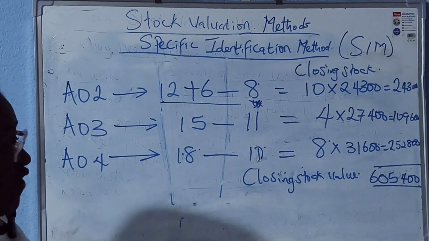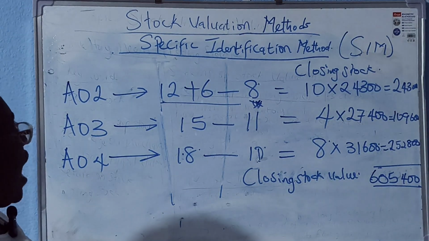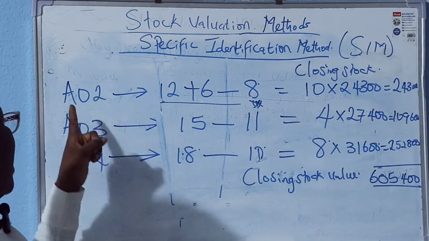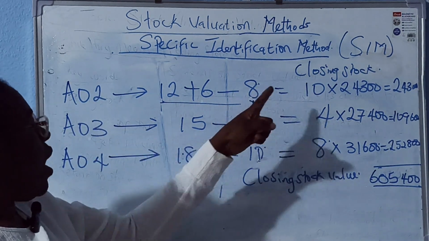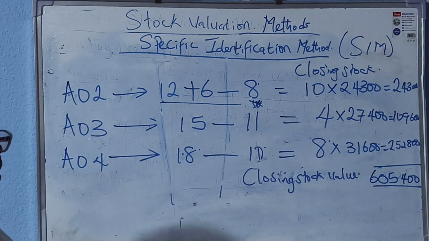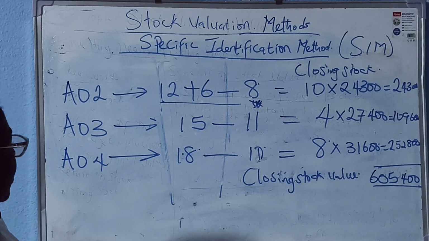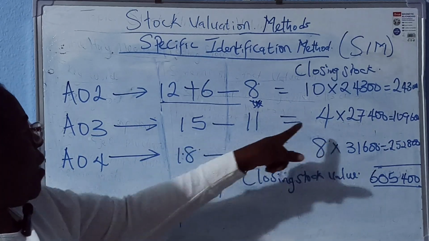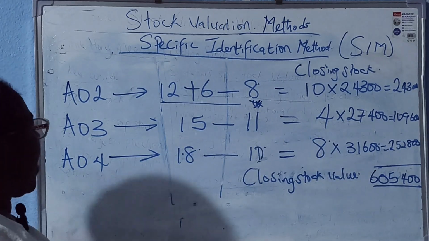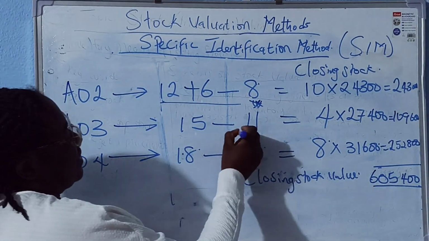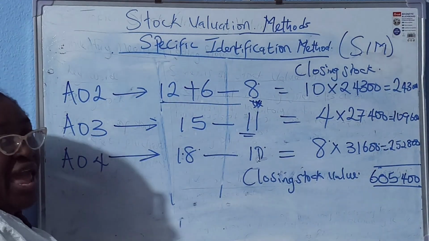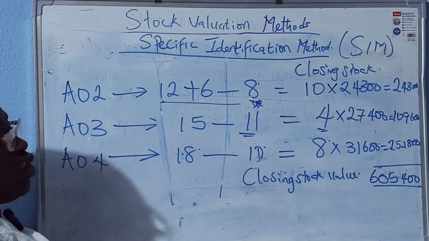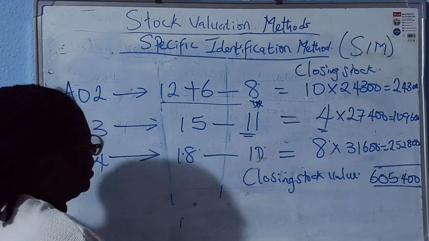So we advise that the owner of this business should stock less of AO2 motorbike, and then it should invest more in AO3 motorbike. You can see that AO3 motorbike has the highest sales, hence it has a very low closing stock, which is good for the business.